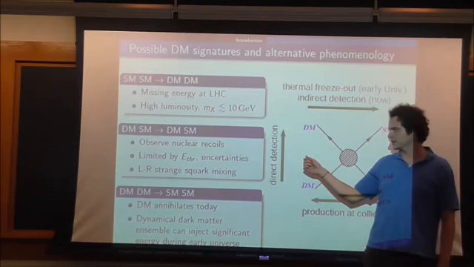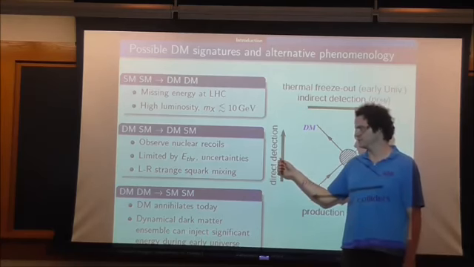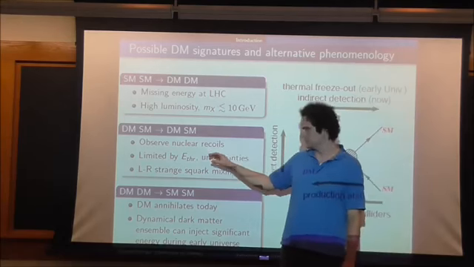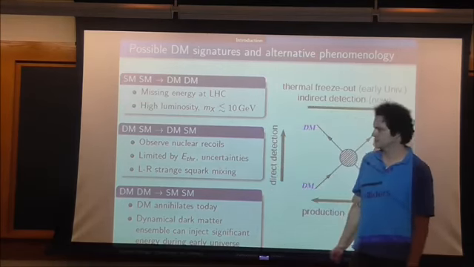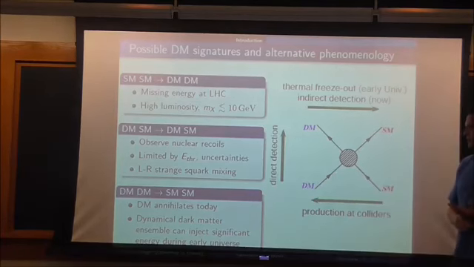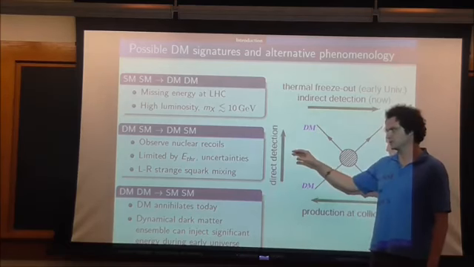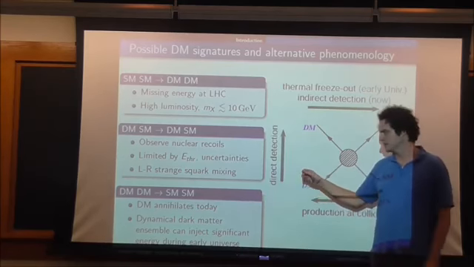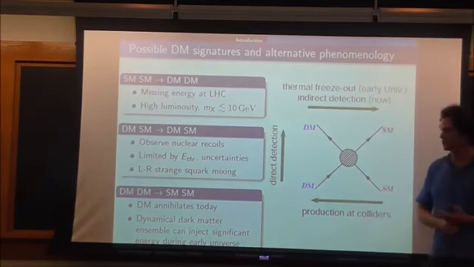We typically talk about scattering and looking at nuclear recoils. You're limited by your energy threshold for detecting those recoils, so low mass direct detection isn't as helpful. Also, you have some large nuclear physics uncertainties when you talk about dark matter scattering, in particular for what I'll talk about, which is left-right mixing through strange quarks.